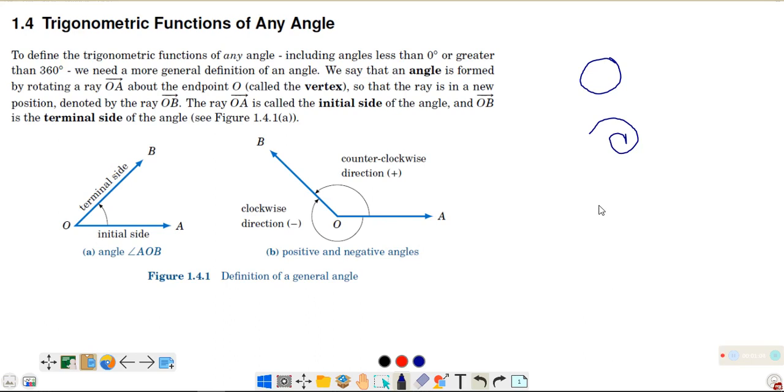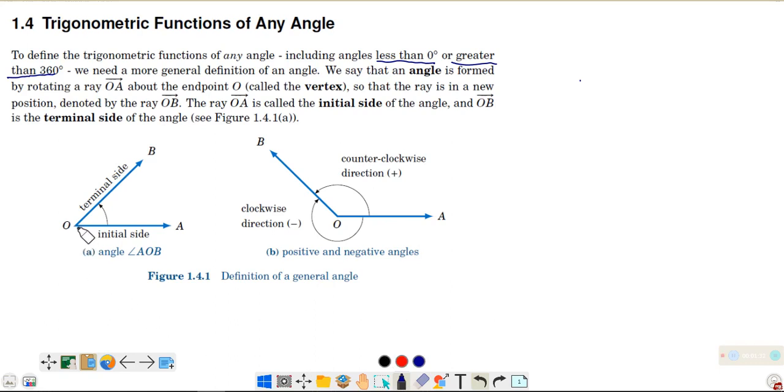So, these are angles that are greater than 360 degrees. So, meron na tayong mga negative, less than 0, at saka greater than 360 degrees. We say that an angle is formed by rotating a ray OA about the endpoint O, called the vertex. So let us look at this graph.